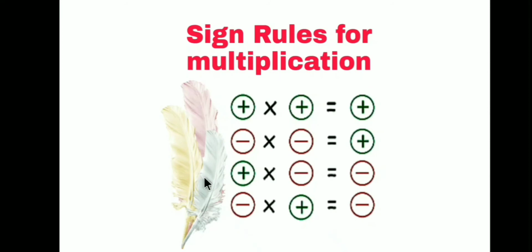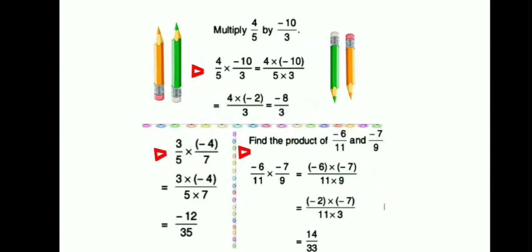This means that when we multiply two rational numbers with different signs, the product obtained will always be a negative rational number.